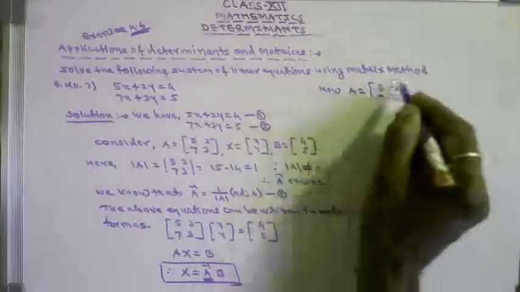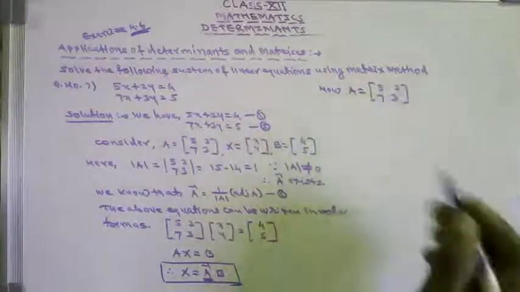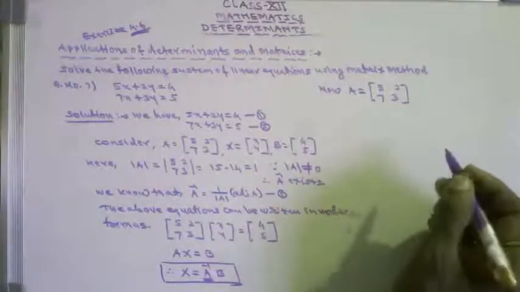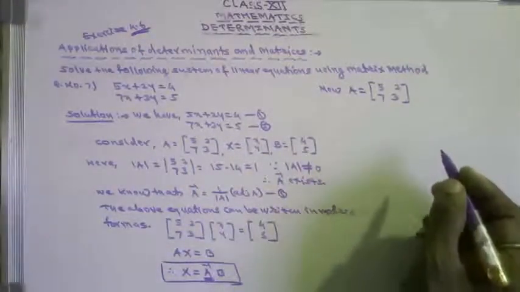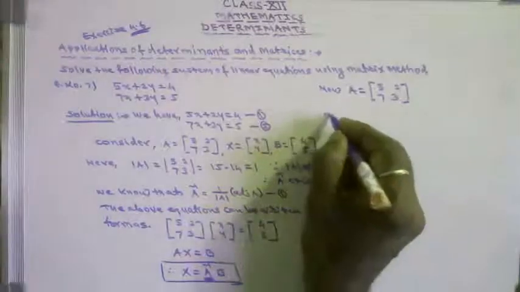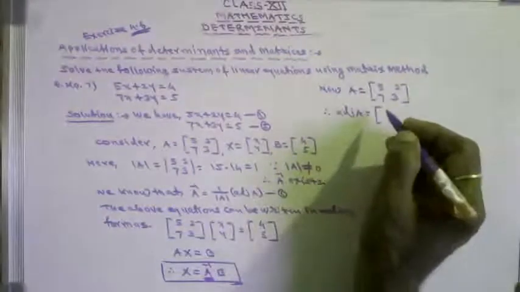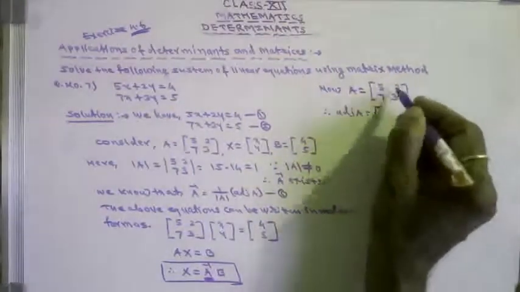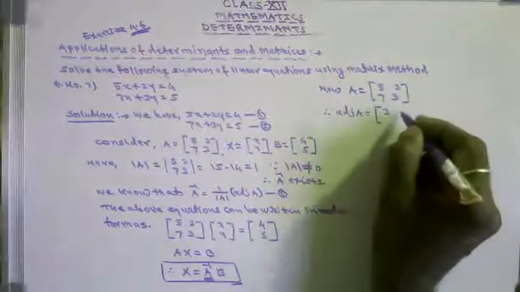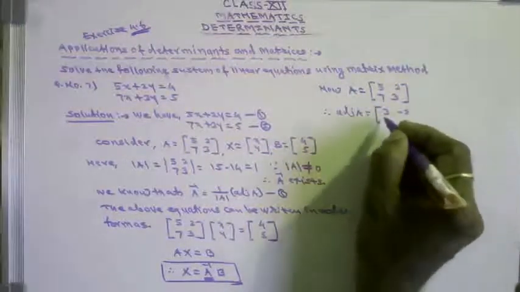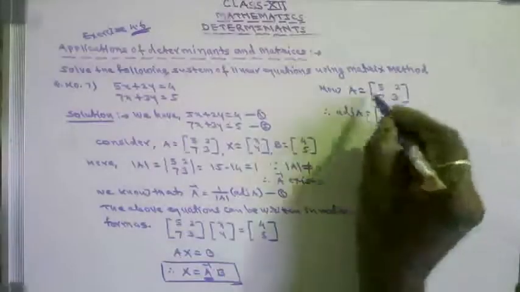Since it is a 2 by 2 matrix, I can directly write the adjoint by interchanging the diagonal numbers and changing the sign of the other numbers. So adjoint of A will be 3, -2, -7 and 5.